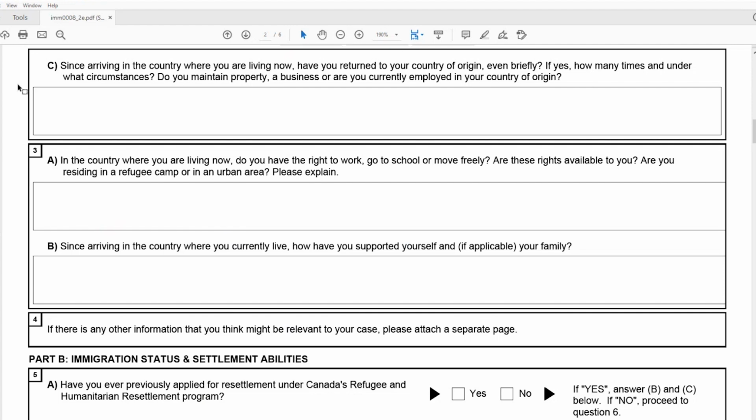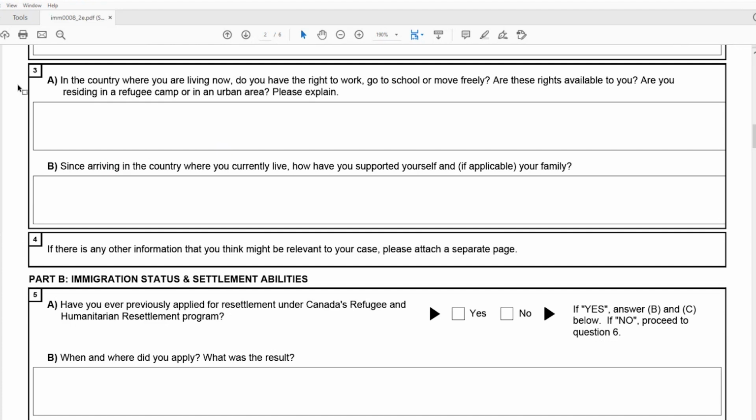If you did return, you have to be truthful and explain how many times and under what circumstances. In some cases, IRCC will take into consideration compelling reasons for why you had to return to your country, and that can be part of their decision making. So always be truthful for any questions that you're asked and the responses you're giving.